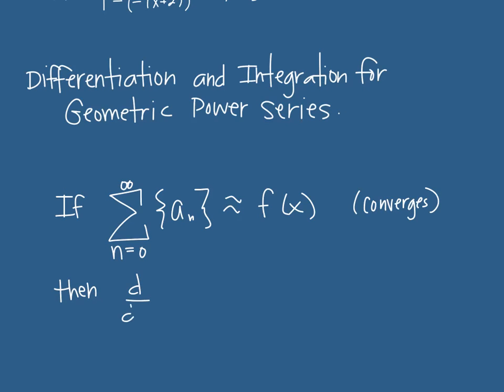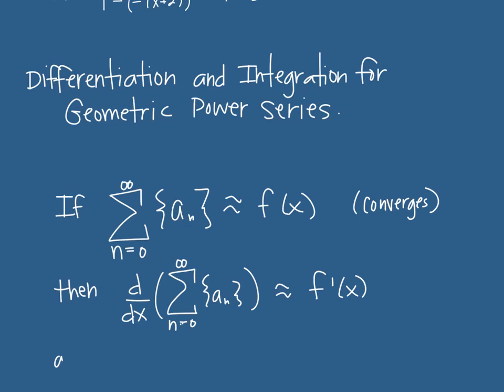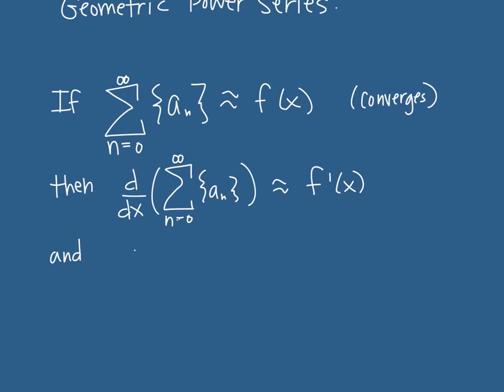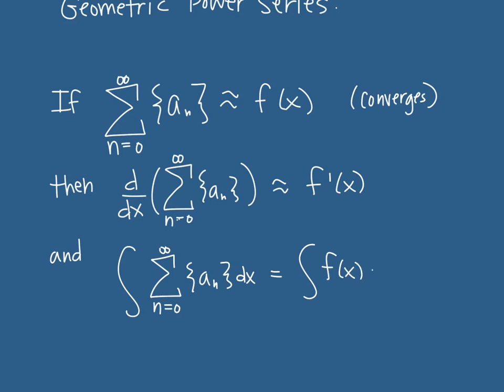Then the derivative d dx of the sigma can be found by f prime, and the integral of the sigma of the series dx can be found by the integral of f of x dx.